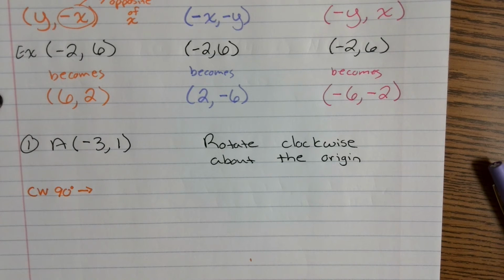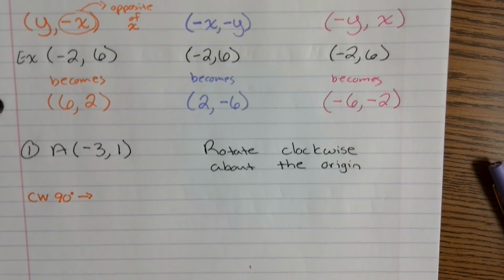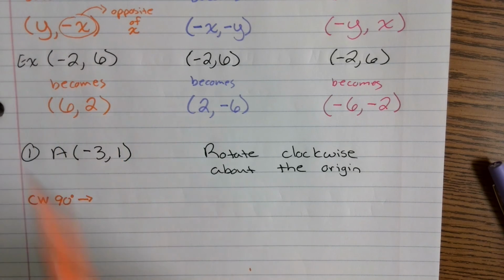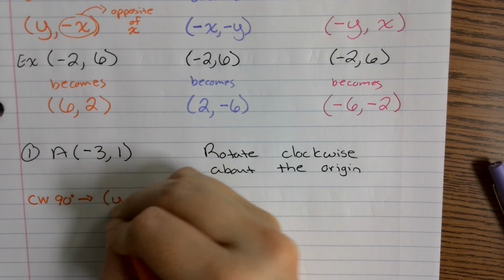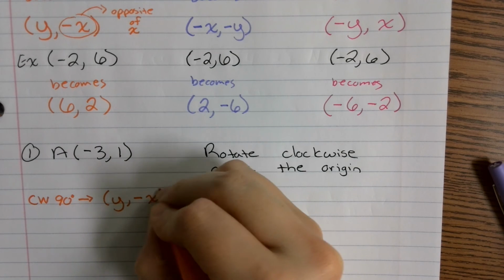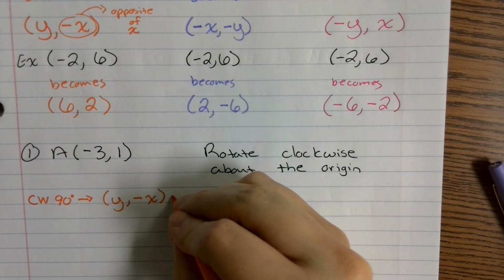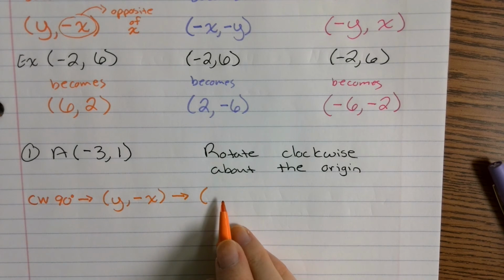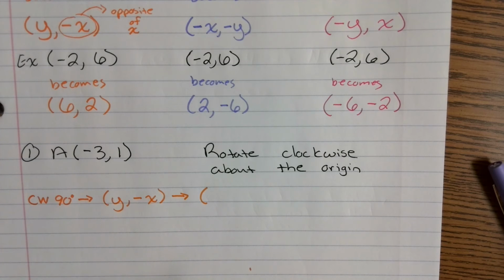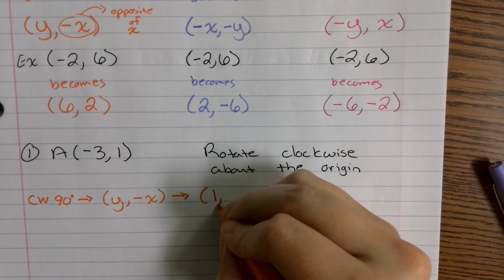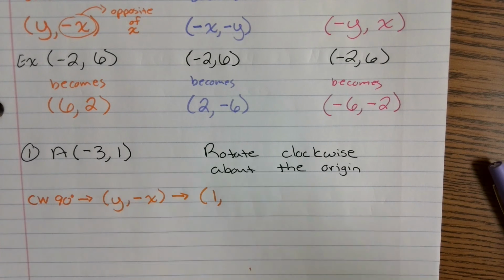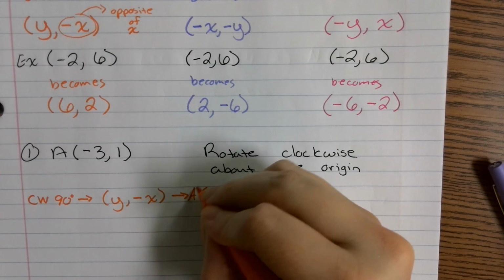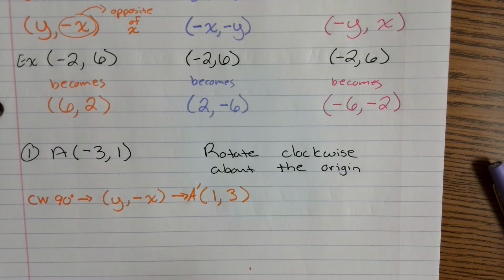The rule for clockwise rotation of 90 degrees was that it becomes y, opposite of x. That's the rule. So let's take a look here. What is my y? In this point, which value is the y? 1. What is the opposite of the x? 3. So that's what it now becomes. So this is A prime. A prime is now 1, 3.